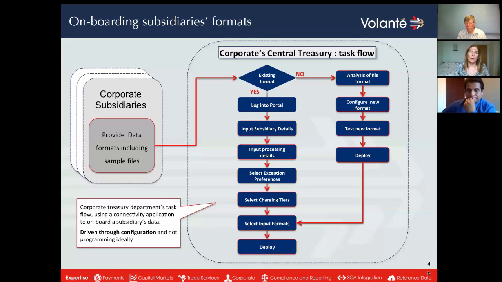However, given that we already support and supply with the product over 90 industry standard data models and over 250 standard transformations, the vast majority are going to go down the left-hand side here.